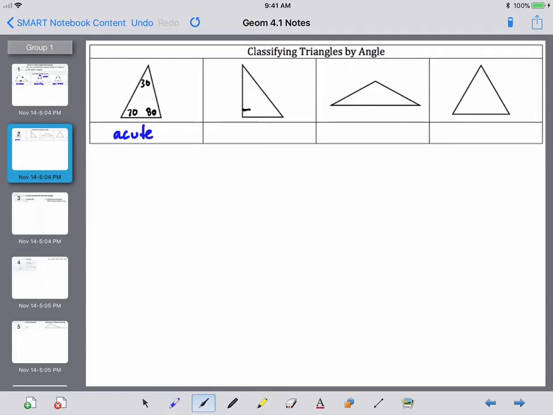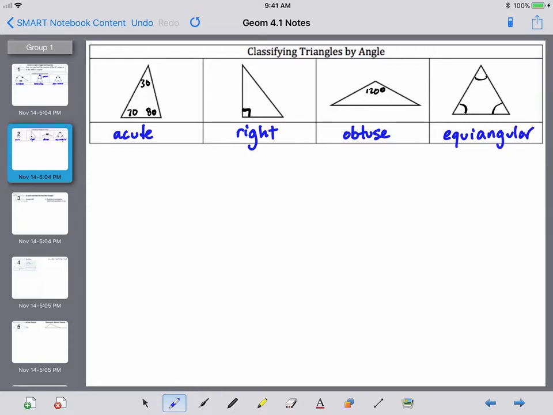If you have a right angle in your triangle, we just call that a right triangle. If you have an angle that's over 90 degrees, for example 120 degrees, that is an obtuse angle, so we call that an obtuse triangle. And lastly, if all three angles are the same measure, we call that equiangular.